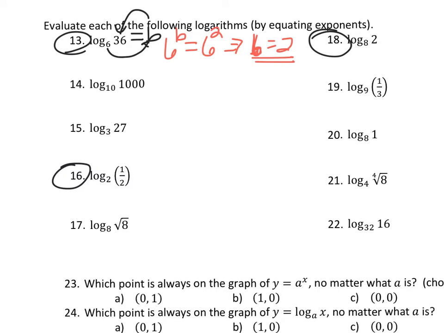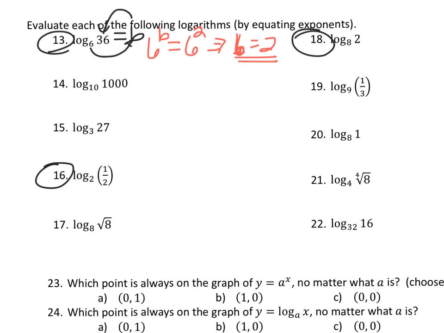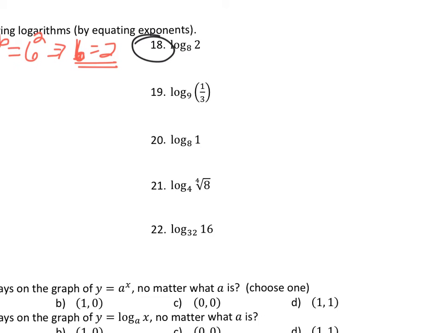Go over and do number 18. Set this equal to b. So 8 to the b is equal to 2. Well, let's go ahead and rewrite 8. 8 is 2 cubed, raised to the b, still equal to 2.